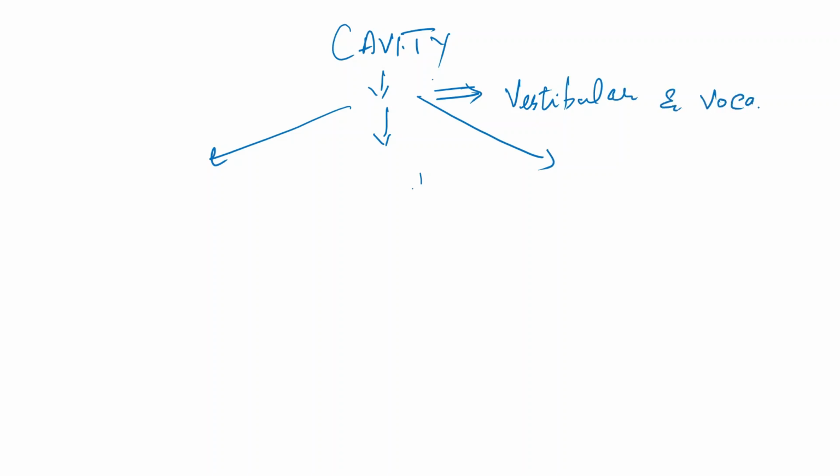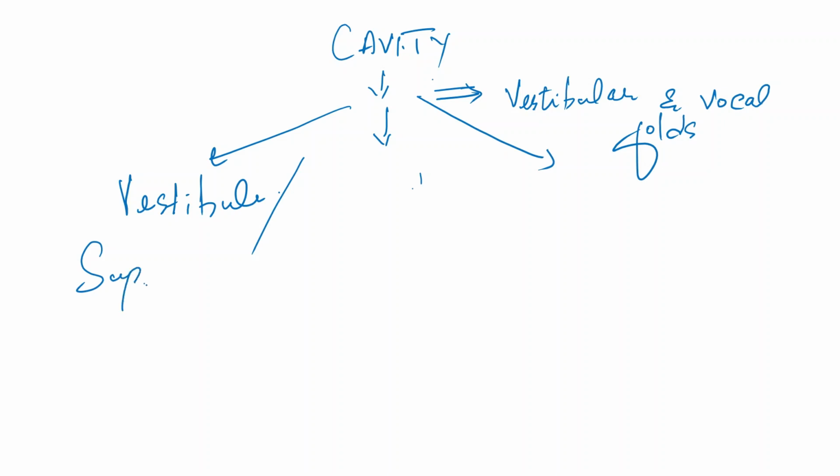The vestibular and vocal folds of the larynx divide the entire cavity into three parts. The first, or upper part, is called the vestibule of the larynx, also called the supraglottic part of the larynx.